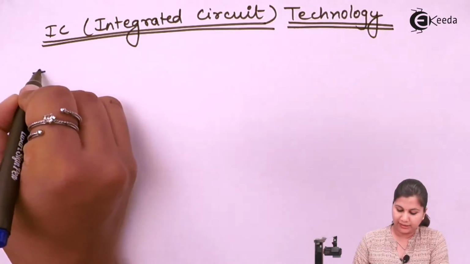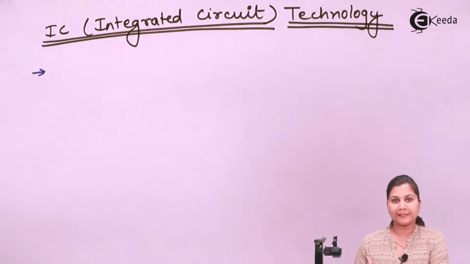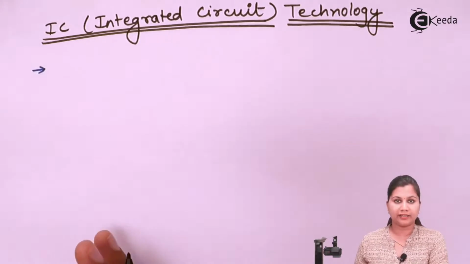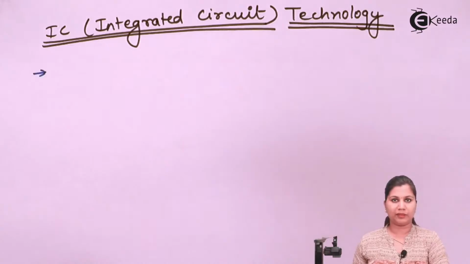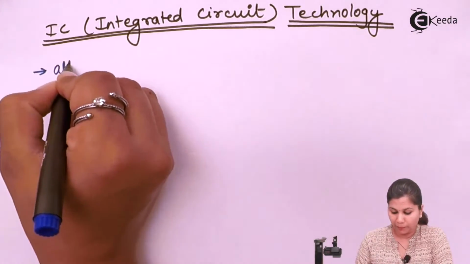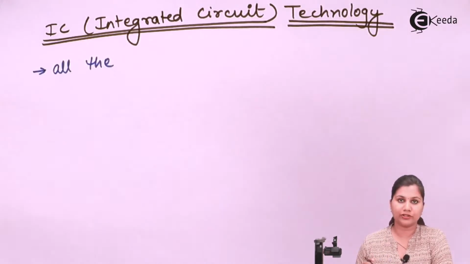Whenever we develop any circuit, that circuit involves many components like logic gates, transistors, and wires, and including all these components, a circuit is formed. So integrated circuit means that all the components of the circuit are present on a single chip.